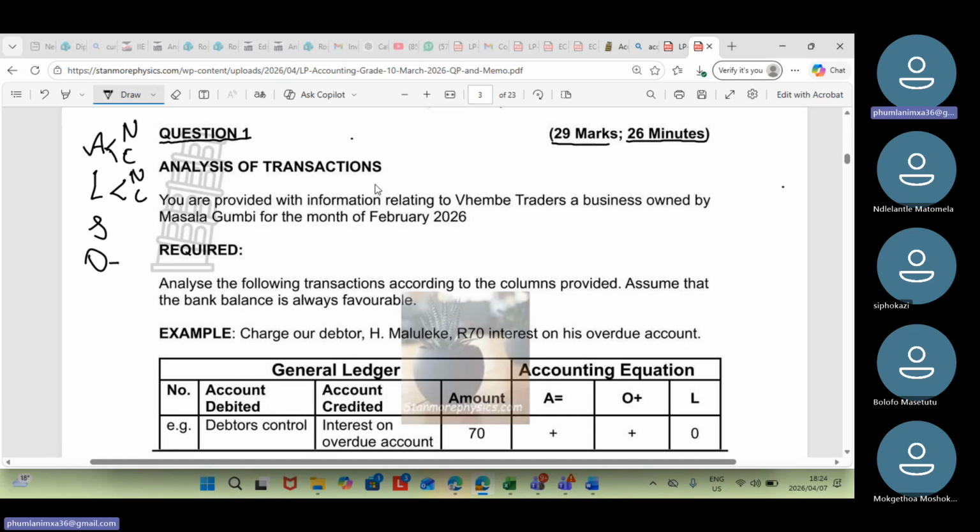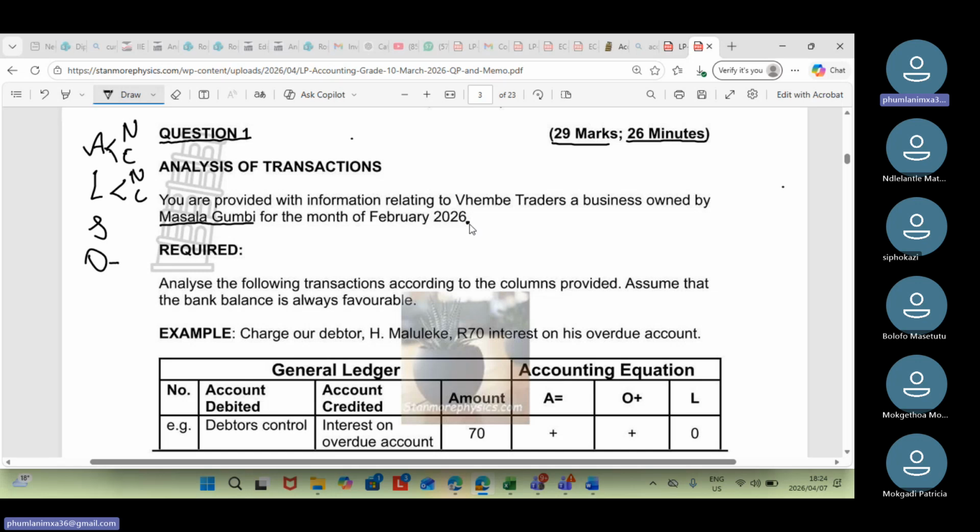Analysis of transactions. In question number 1, you are provided with information relating to Vembe Traders, a business owned by Masala Gumbi for the month of February 2025.